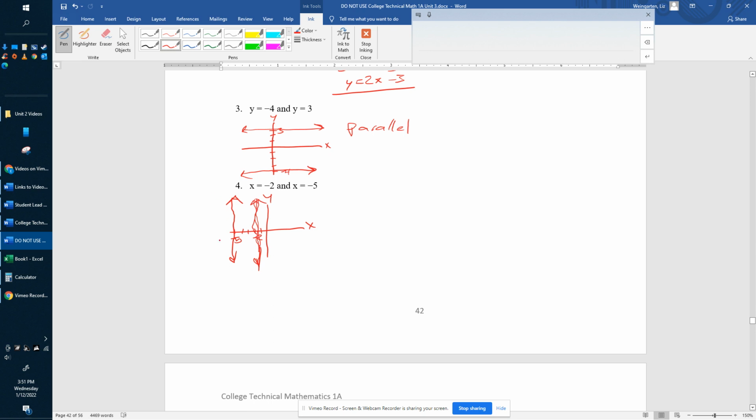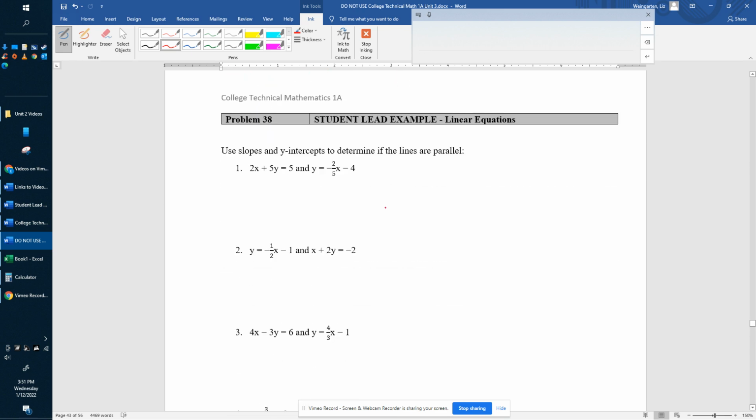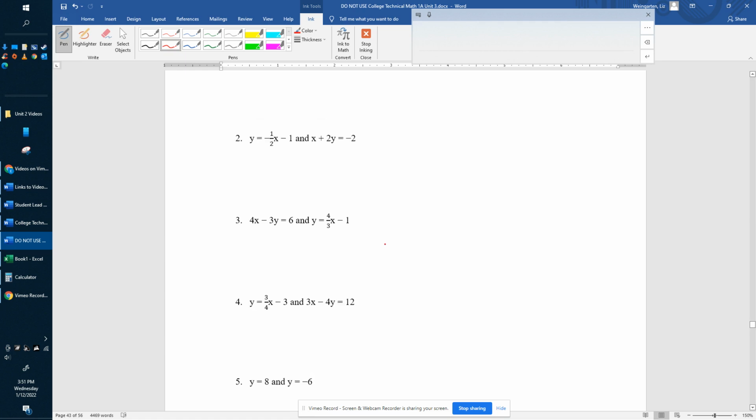Will these two lines ever touch? No, they are parallel. So you can pause here, work on problem 38, make sure you are solving for y and see what ends up next to the x, and if they're the same thing, they're parallel. If they're not the same thing, they're not parallel.